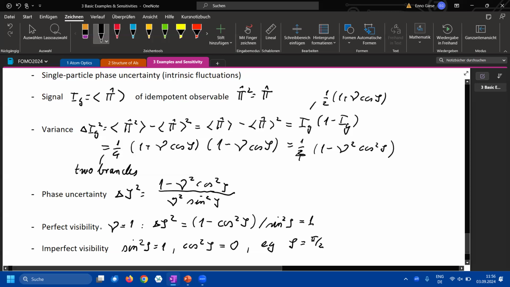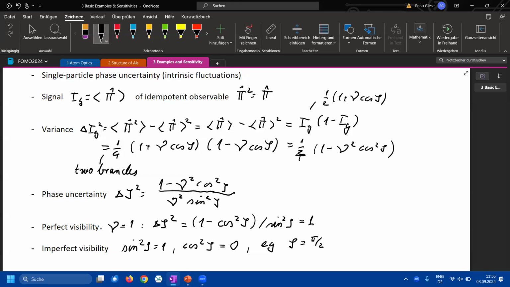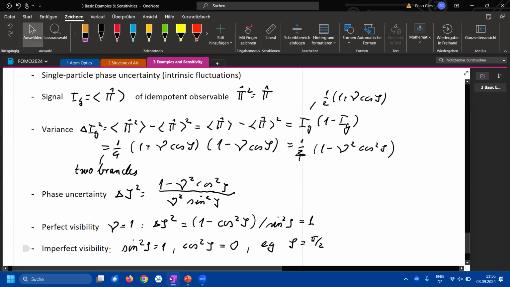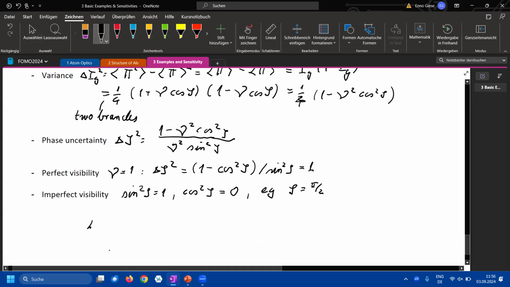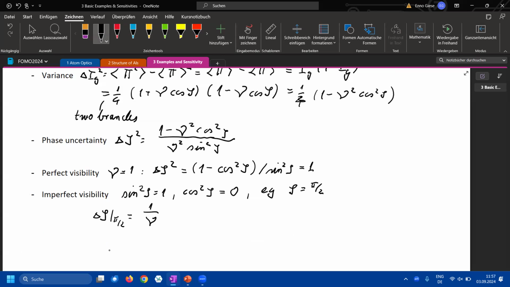That's where we want to operate our interferometer. That's at mid-fringe at pi over 2. And in this case, we find a phase uncertainty at the phase pi over 2 that goes with 1 over V. So having imperfect visibility because clouds don't overlap makes our signal worse. Our phase uncertainty increases because V is smaller than 1, and this will be always larger than 1.